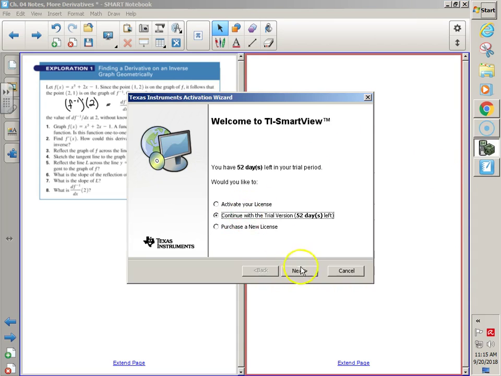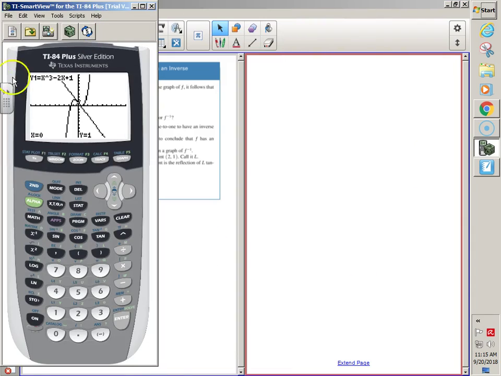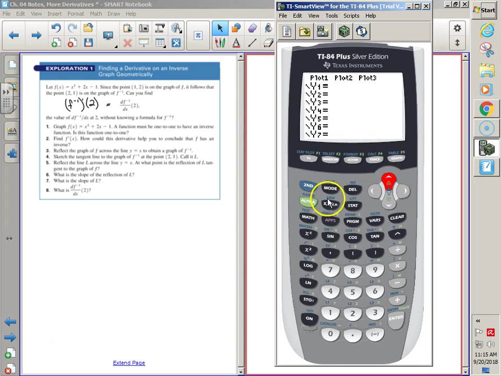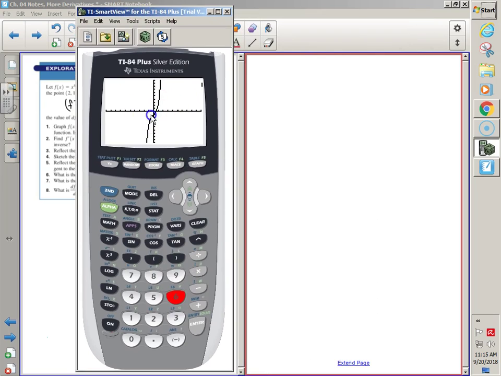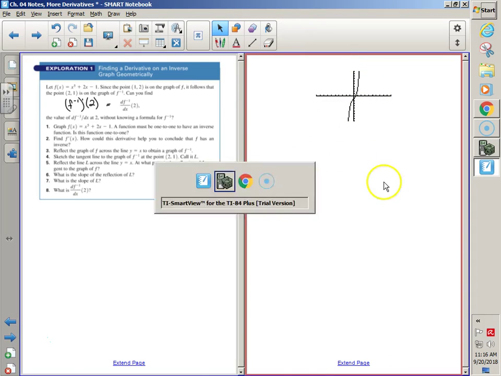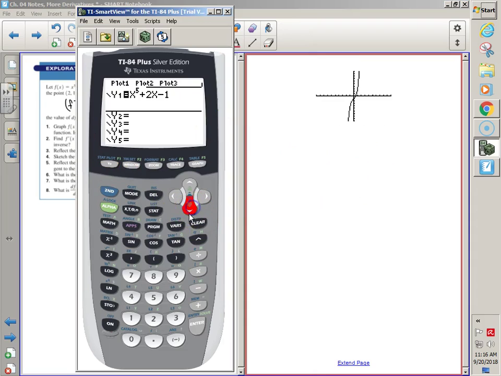That's what I would do. You can draw the y equals x line.